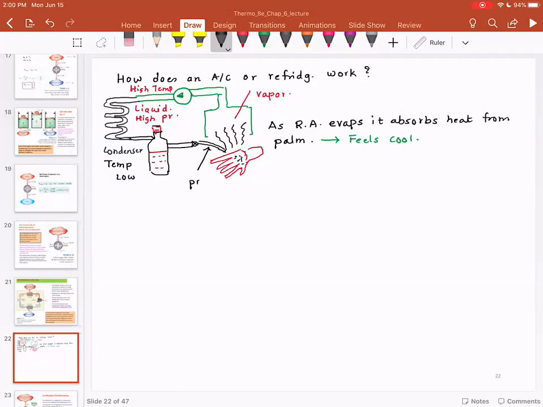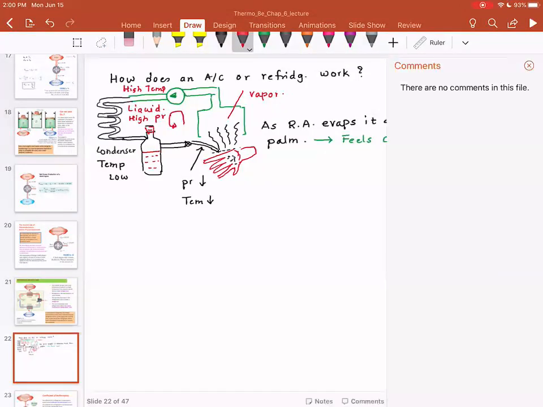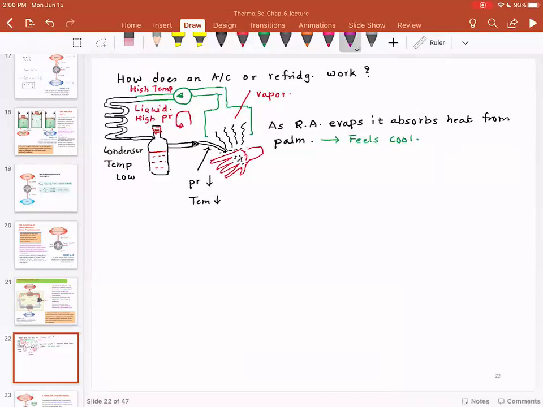So the pressure drops down, temperature drops down, and when it comes in contact with the substance that needs to be cooled, it can absorb the heat and get converted. This is a very fundamental refrigeration cycle. So let me start with the components of the refrigeration cycle.